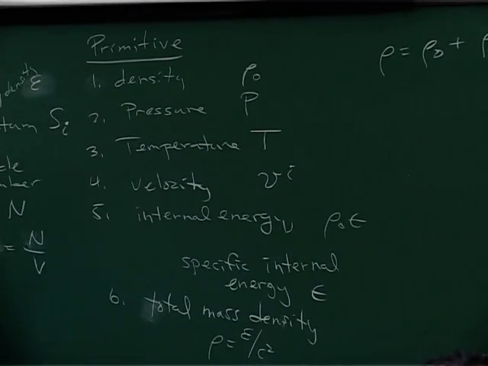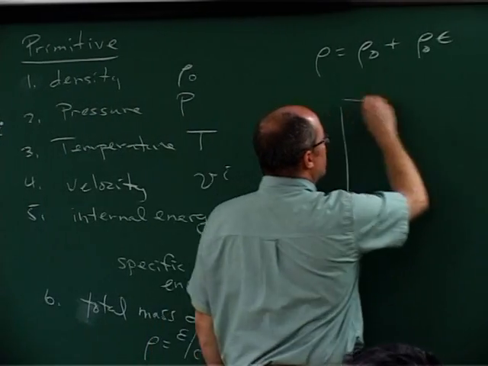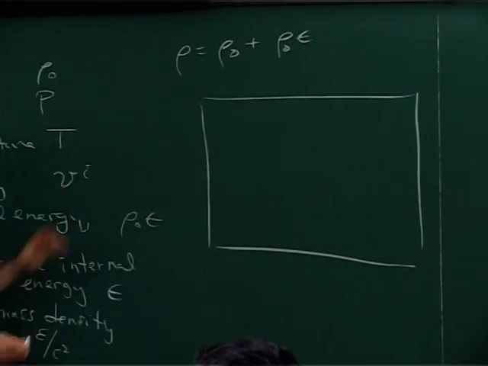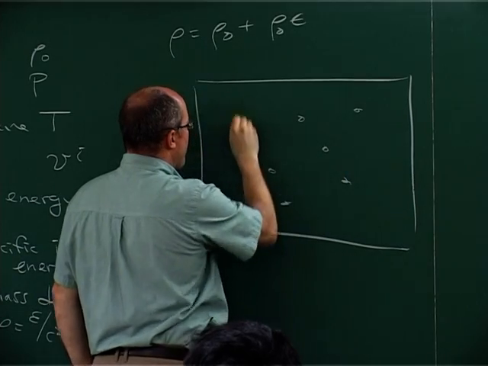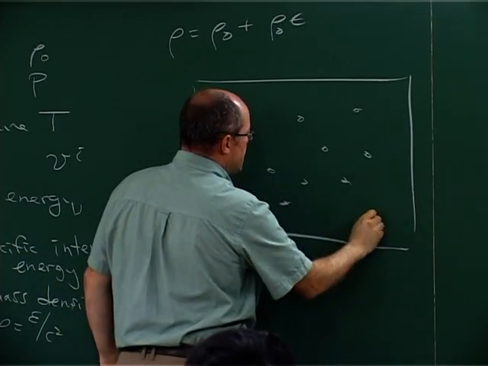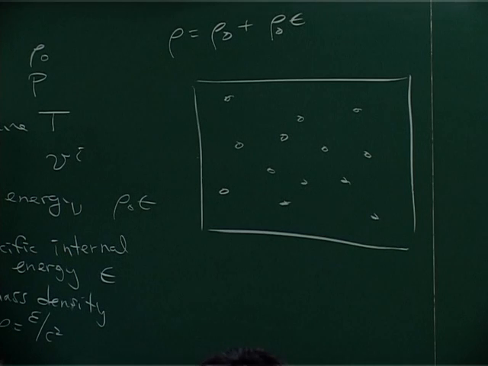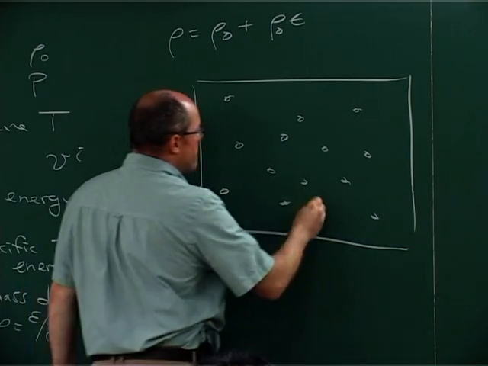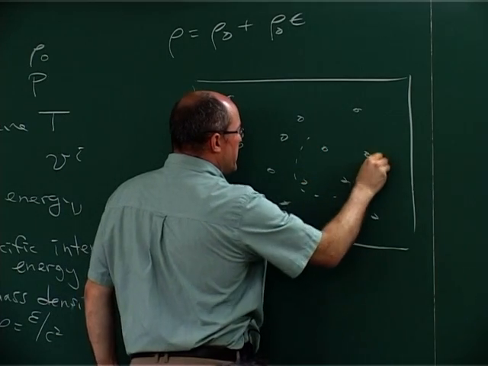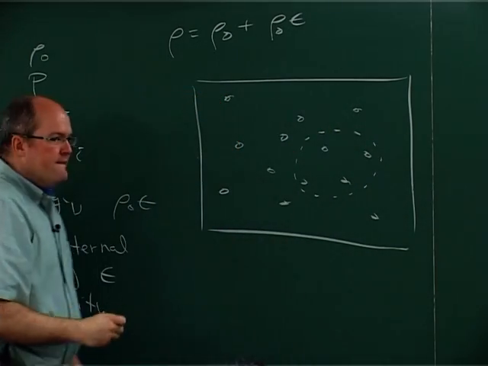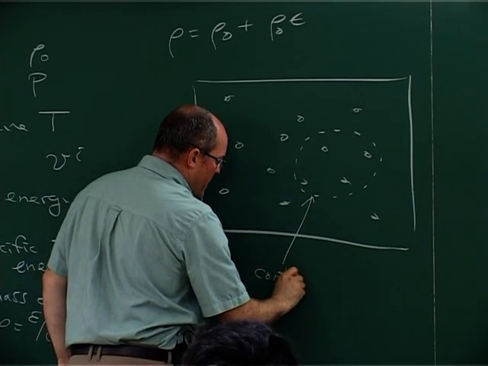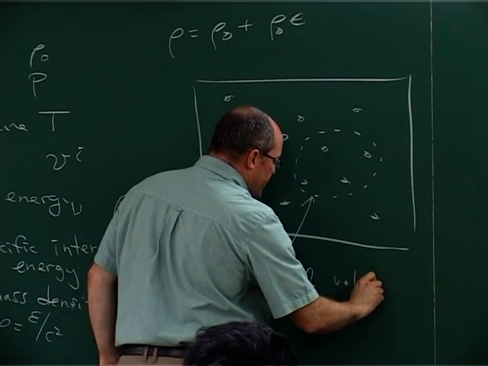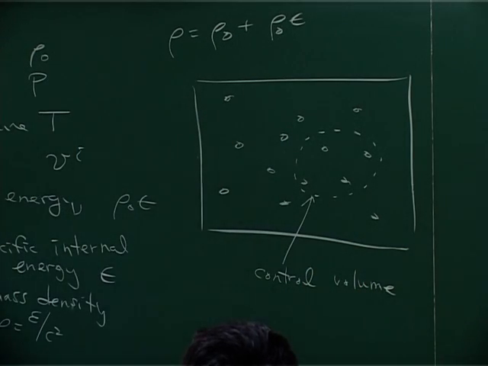So we talked about this fluid here. Let's make a picture. Imagine I have this system. I've got little particles moving around inside. They have fairly large separation. It means they have a large mean free path. I imagine taking some volume in here. And this volume I'm going to call my control volume, or fluid cell, whatever you want to call it.